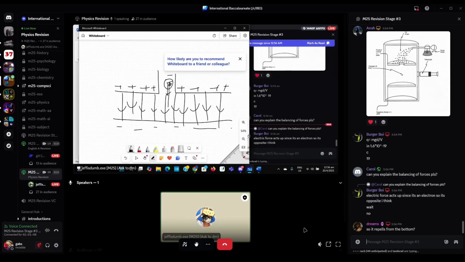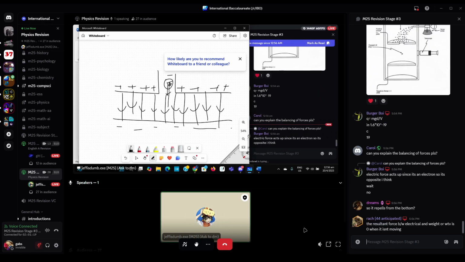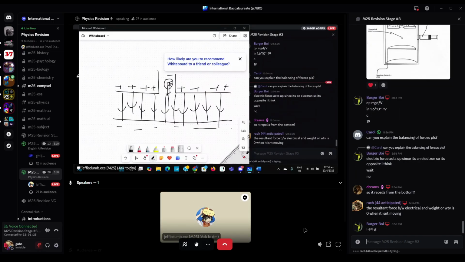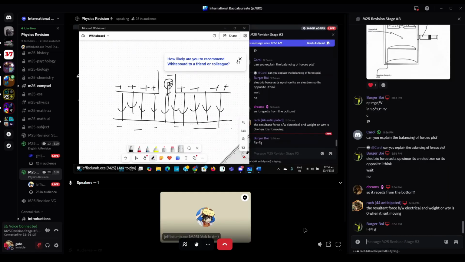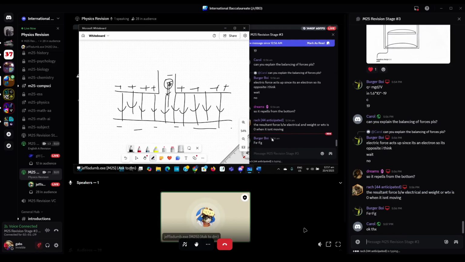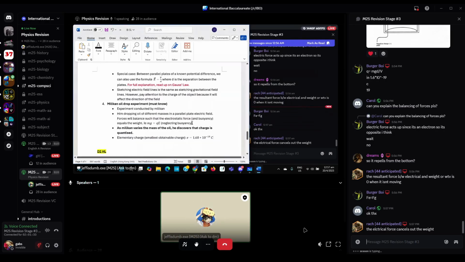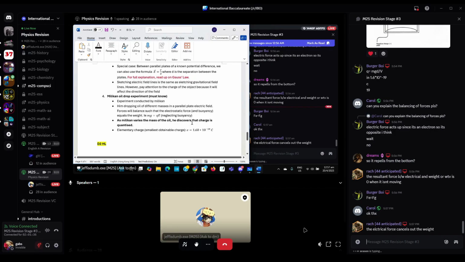The force repels it from the bottom, such that the electrostatic force exactly balances the oil drop's weight. Yes, correct. It's basically just exerting an electric force such that the weight is cancelled.